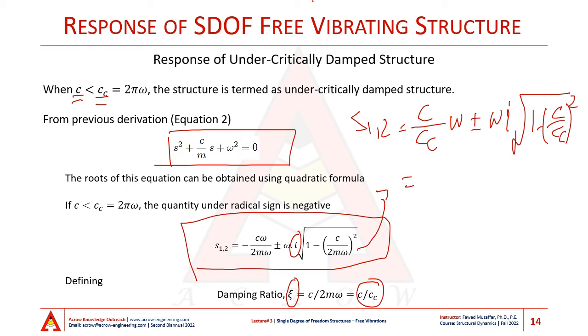Or in other words, our damping ratio plus minus i into the square root of 1 minus damping ratio squared, whole multiplied by ω, the natural frequency of the equivalent dampless vibrating system.